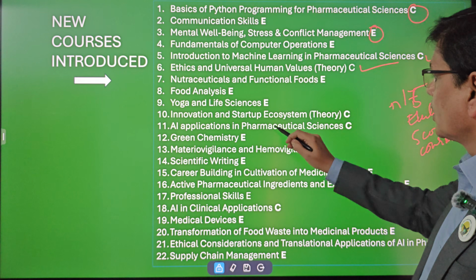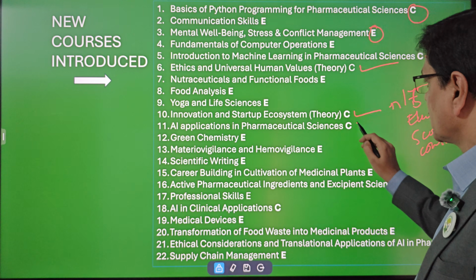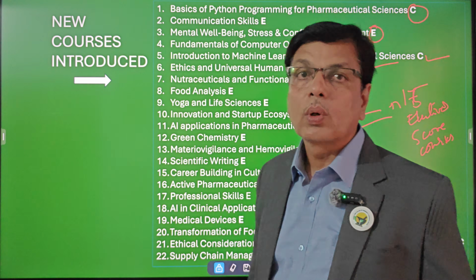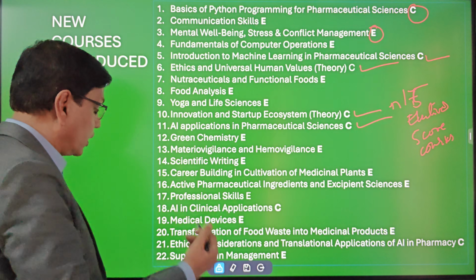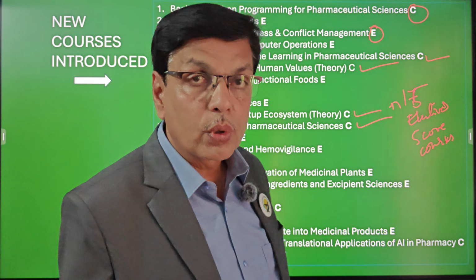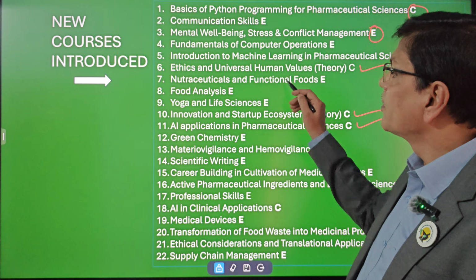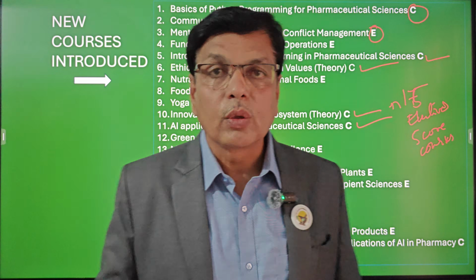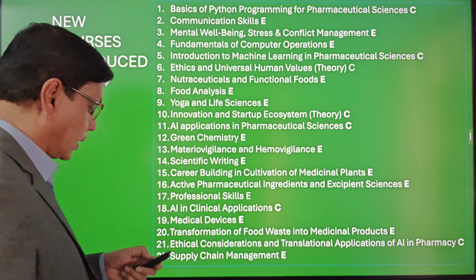And like this, innovation and startup ecosystem is a core subject. AI applications in pharmaceutical sciences is a core subject, right? So around 22 new courses have been introduced in the syllabus for the B Pharma program NEP 2020.